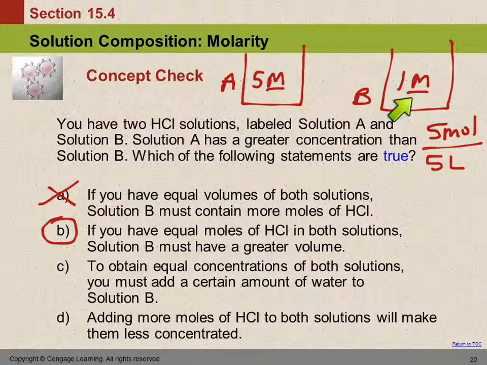No. Because when we're adding water, remember, 1 molar is 1 mole per liter. When we're adding water to that, we're increasing the volume. That means we're dividing by a larger number. That makes the concentration go down. Think about concentrated orange juice, right?